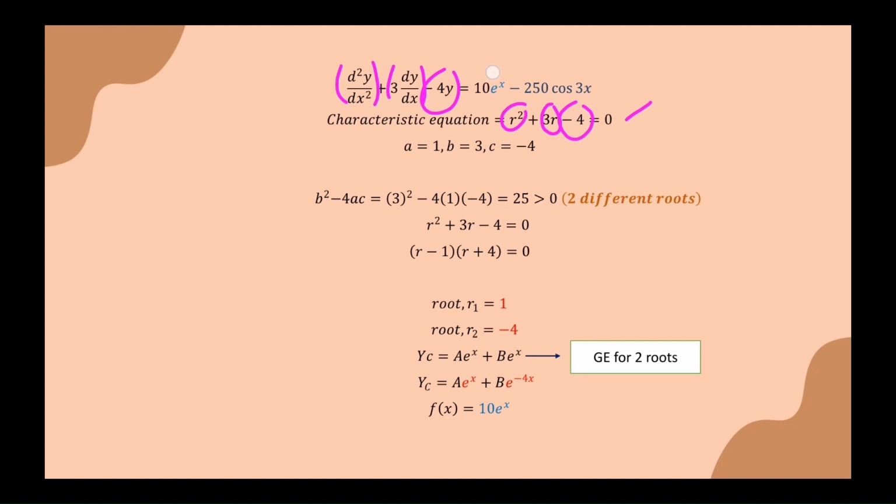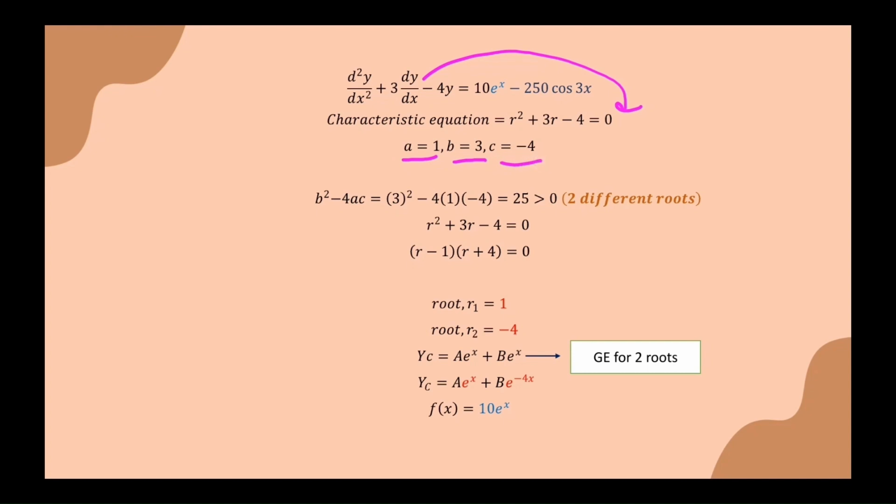As for these coefficients, we will explain it later. So we would like to focus on the characteristic equation first. Based on this equation which we have extracted, we have determined that a is equal to 1, b is equal to 3, c is equal to negative 4.